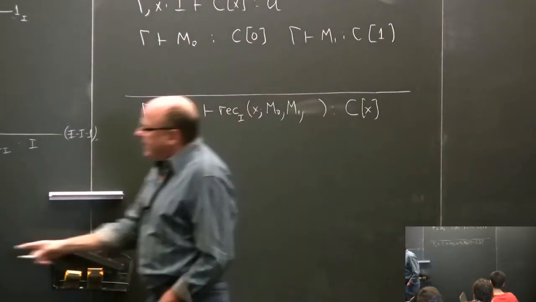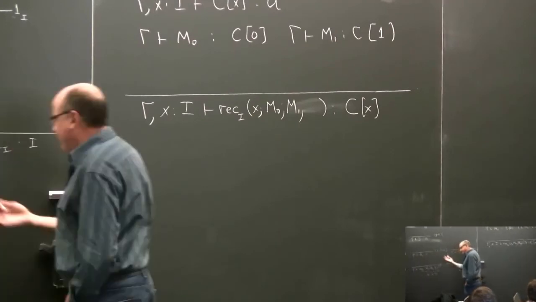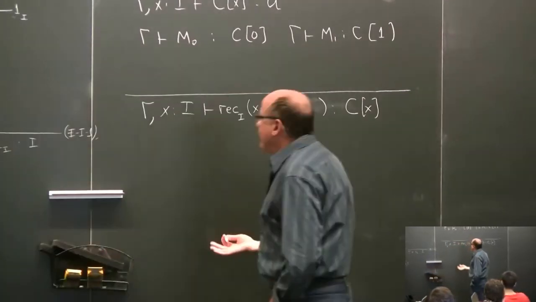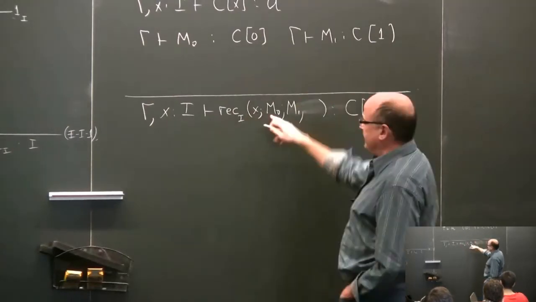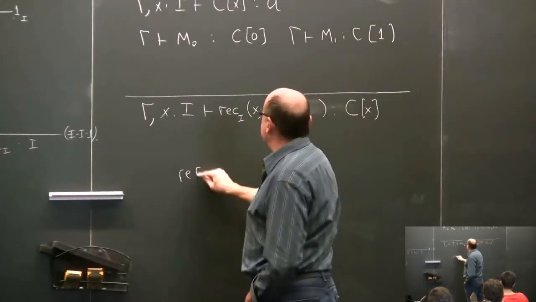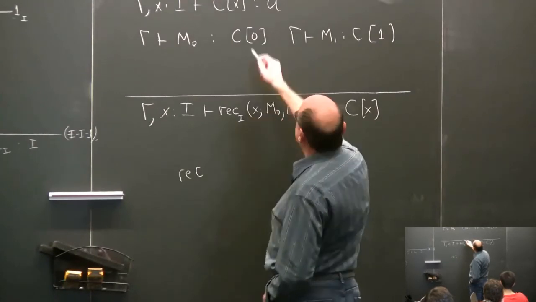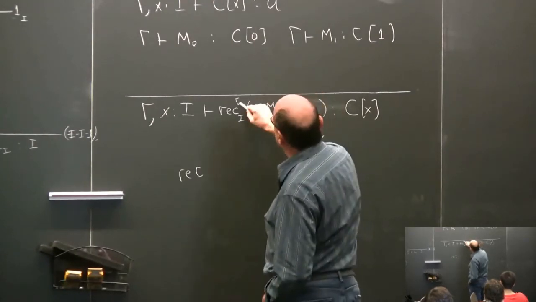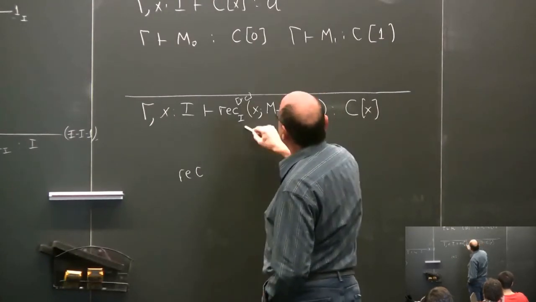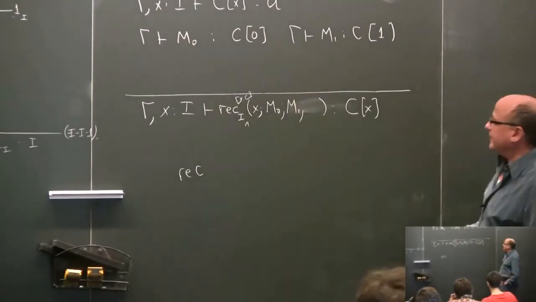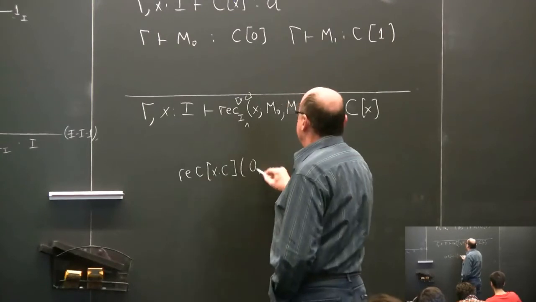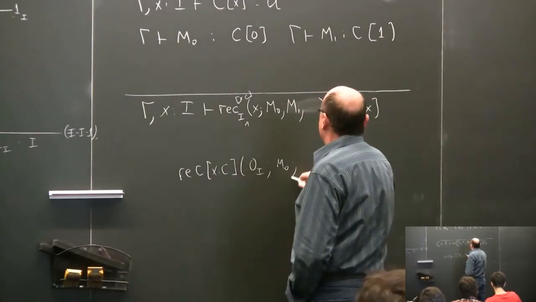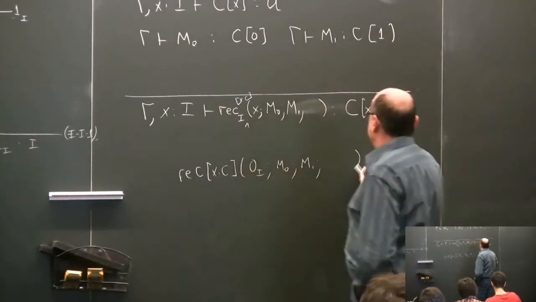And when you think of this propositionally, it jumps out at you that I have a requirement that says, well, whatever this guy does on 0, which is going to be this guy. So in fact, I could do this right now. Oh, and by the way, using my typical notational conventions, this should be parameterized by the motive. I forgot to write that down, but anyway, so we have the motive x.c, and even given where I've gotten so far, I haven't finished.